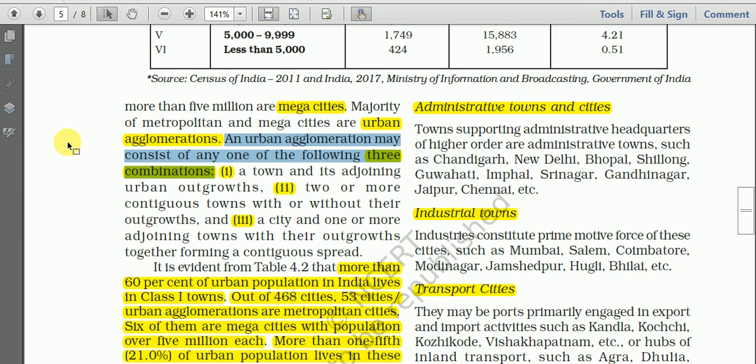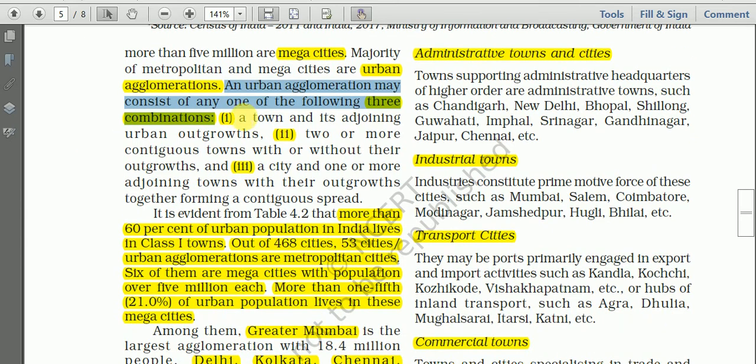If you find the following combinations, you can identify that urban center, urban area, as an urban agglomeration. Now let us see what the three combinations are. The first one is a town and its adjoining urban outgrowths.